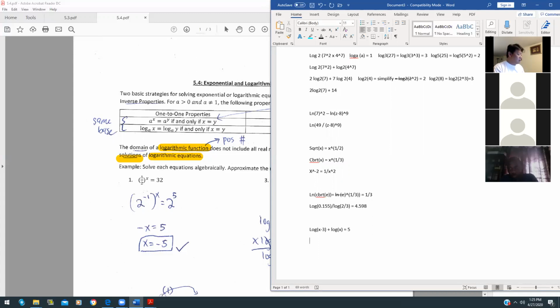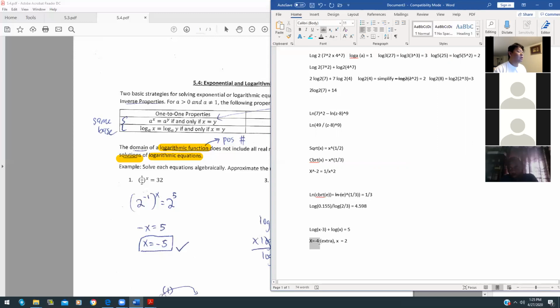And let's say you find out your answers are x = -4 and x = 2. So we check your answers. You plug -4 in, and you notice this is already negative, so this is extraneous. Extraneous means no good.